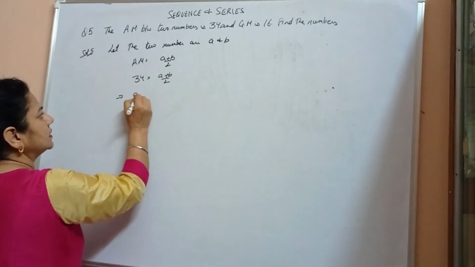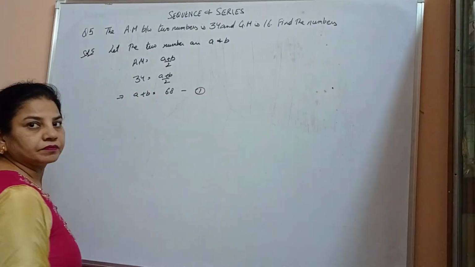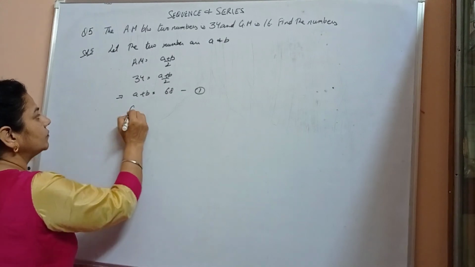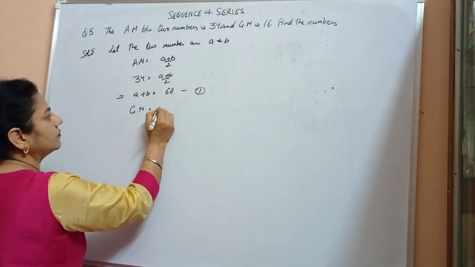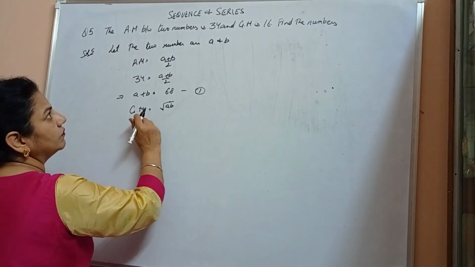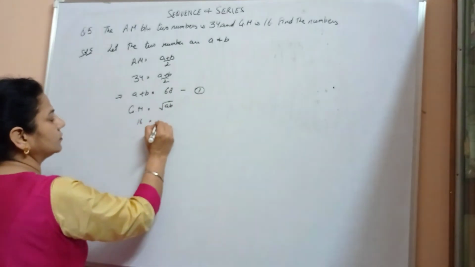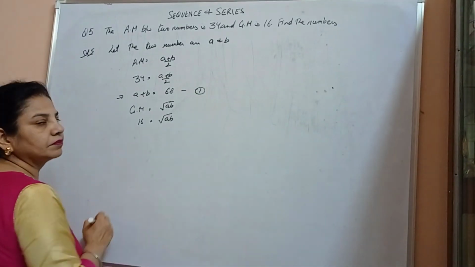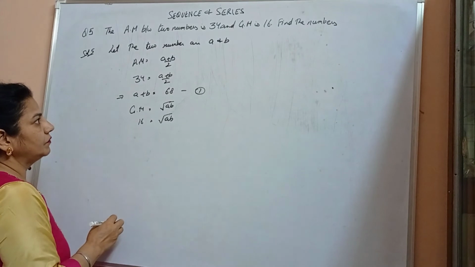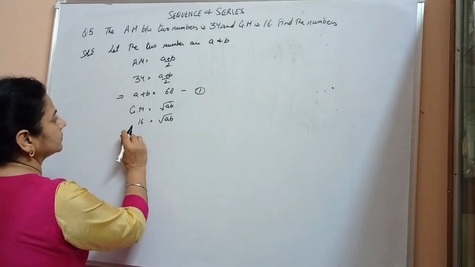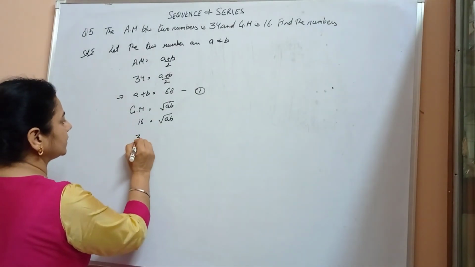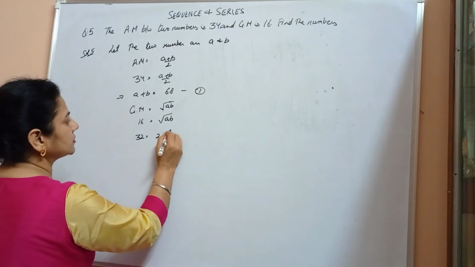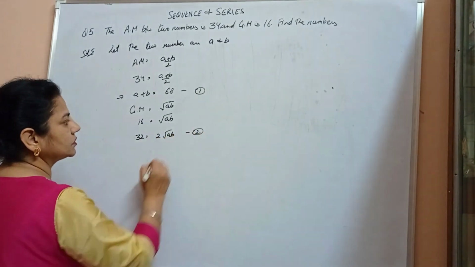This implies the sum of the two numbers is equal to 68. This is my first equation. The geometric mean of the two numbers is given as under root AB, which is equal to 16. So 16 is equal to under root AB. If I multiply by 2, I get 32 is equal to 2 times under root AB. This is my second equation.